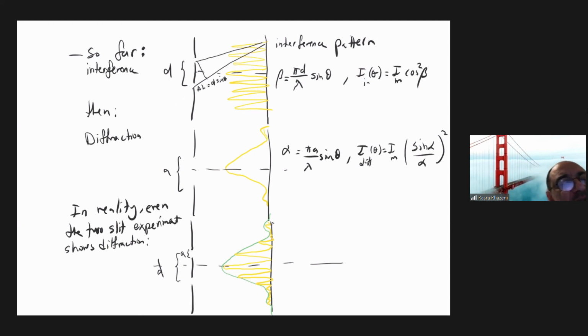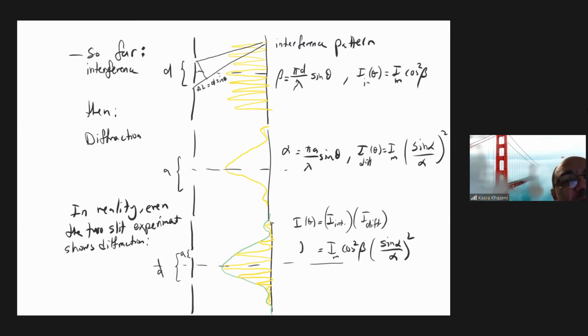And so the intensity you get at the end is the intensity of those two multiplied by each other: interference times diffraction. And that's easy to see. It's I sub m, cosine squared of beta, and then sine of alpha over alpha, squared.